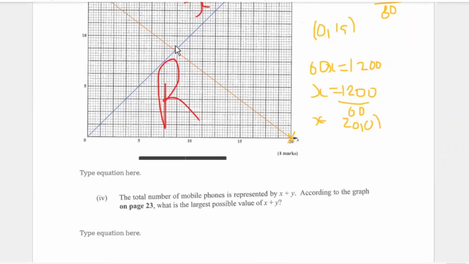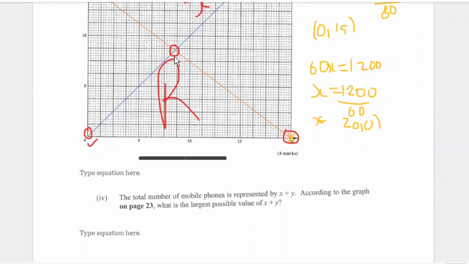So you're looking at here, what is the total number of phones there, what is the total here, and what is the total here, because these are the 3 vertices where the inequality was satisfied. We know it can't definitely be here. This can't be the largest possible value, because right here everything is 0.